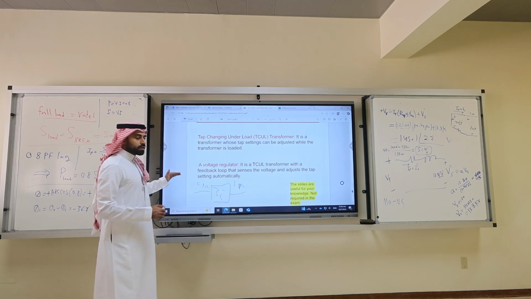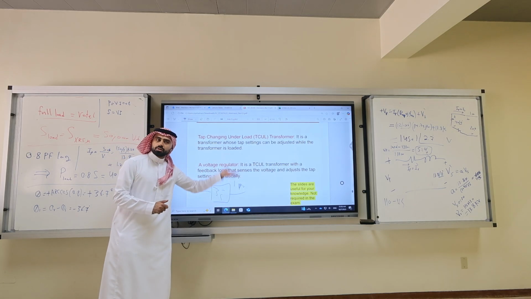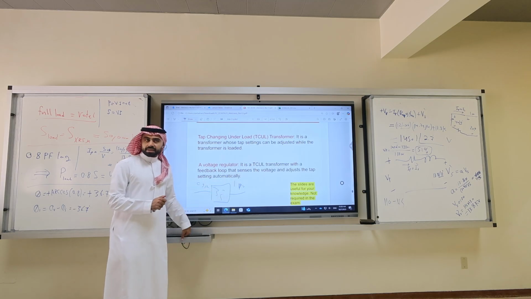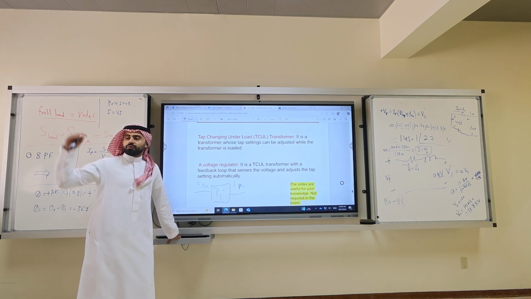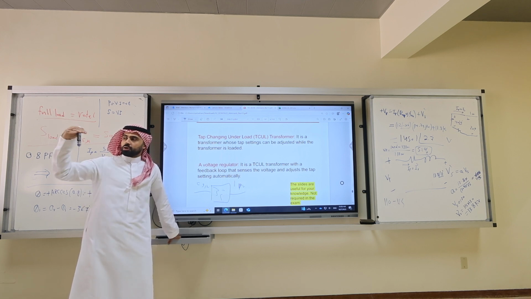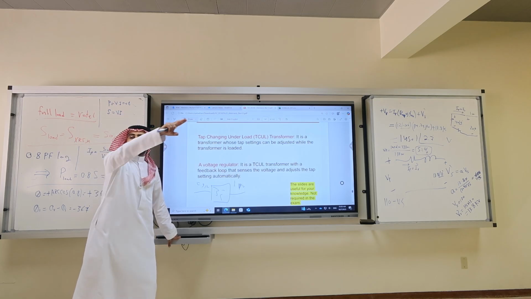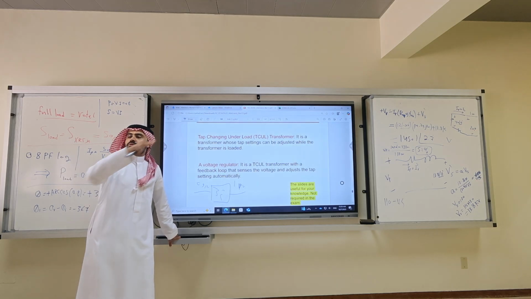Meaning over the system that has voltage drops, the regulator will boost up your voltage from, let's say, 0.9 to 1 per unit. Get it? Meaning if you have the voltage 115 over long distance and it dropped to 110, you put a regulator, and it goes back to 115. Or 0.9 per unit to 1 per unit. Regulator.